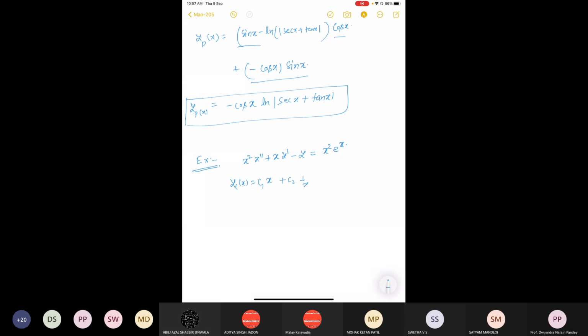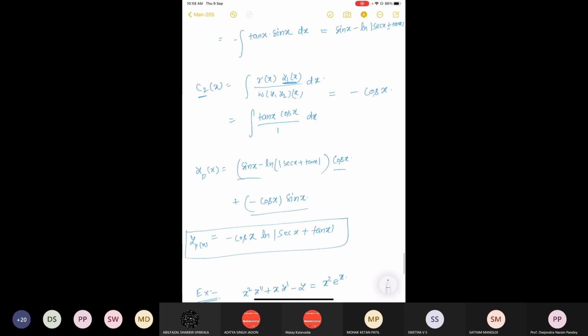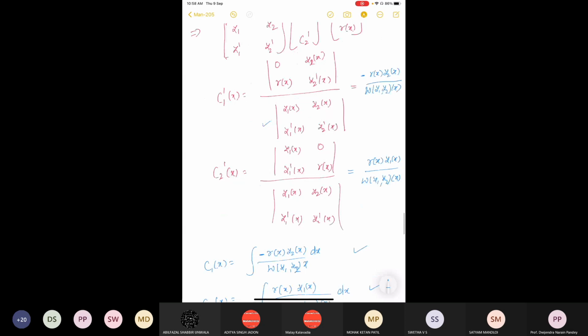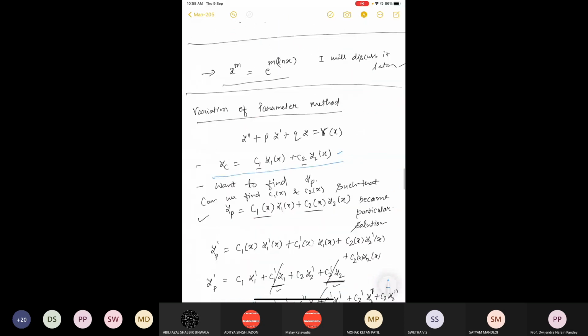Now please write down that when we discussed this problem, we assumed that the coefficient of y double dash is 1. We assumed y double dash plus p y dash plus qy equal to rx, so the coefficient of y double dash is equal to 1.